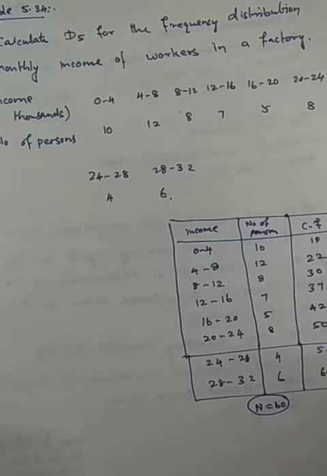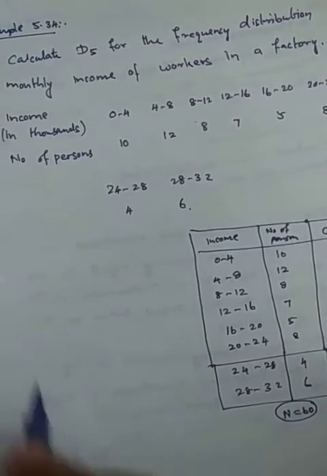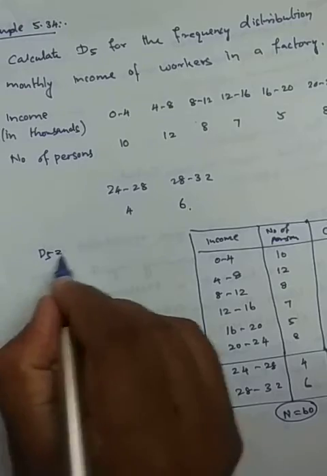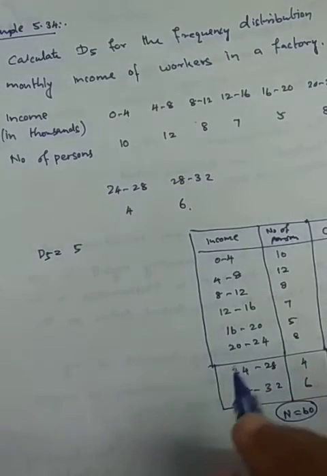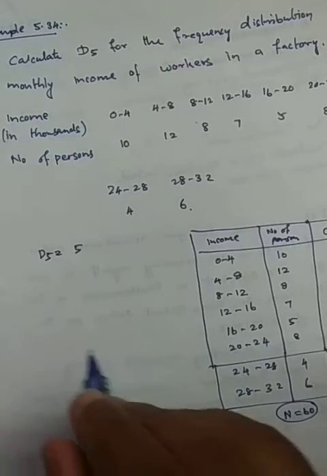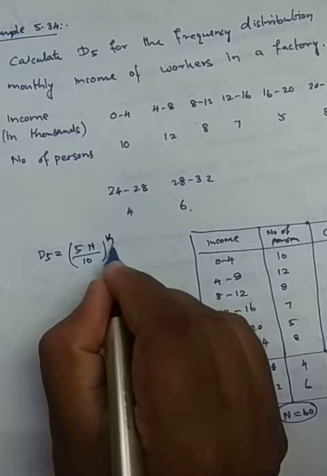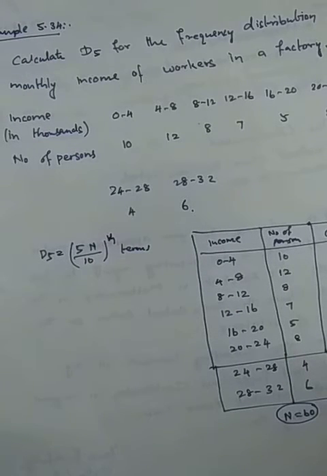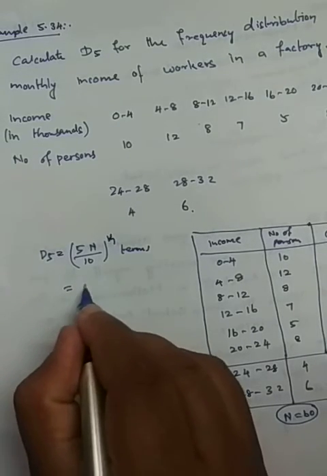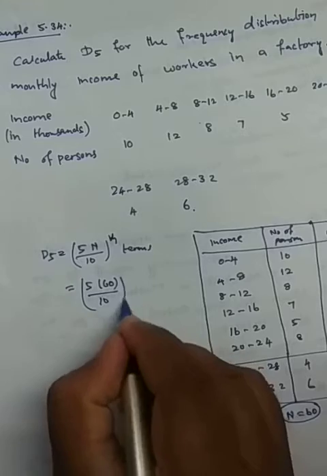Now we are going to find the value of D5. We need to find the value of D5. So D5 means what you are going to do? 5n by 10th term, you do it. 5 into 60 divided by 10th term.